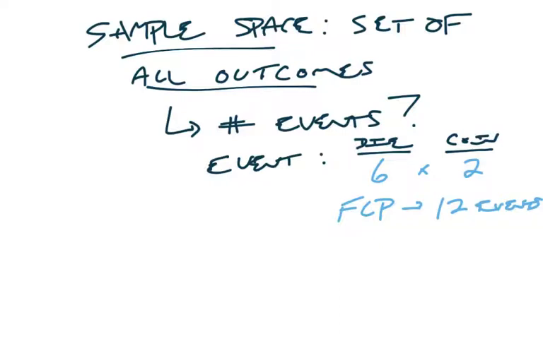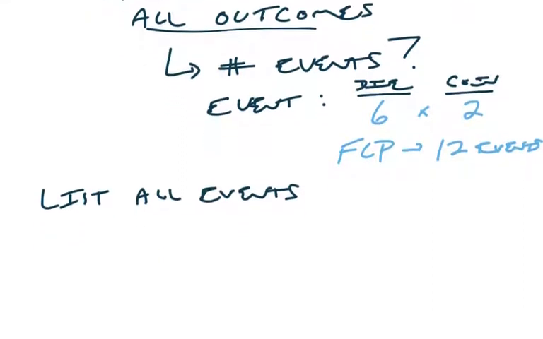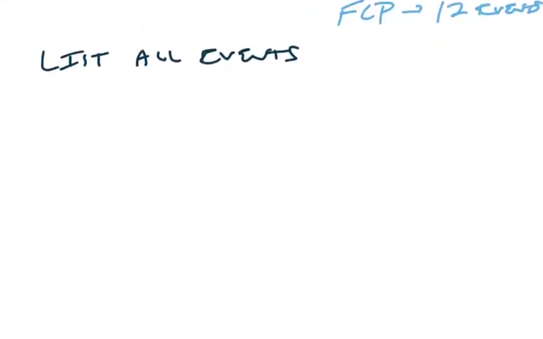All right, so let's just go ahead and list all the possible events. And I want to be systematic about this. So maybe what I'll do is, let's say you've got heads on the coin, and tails on the coin is your other option.